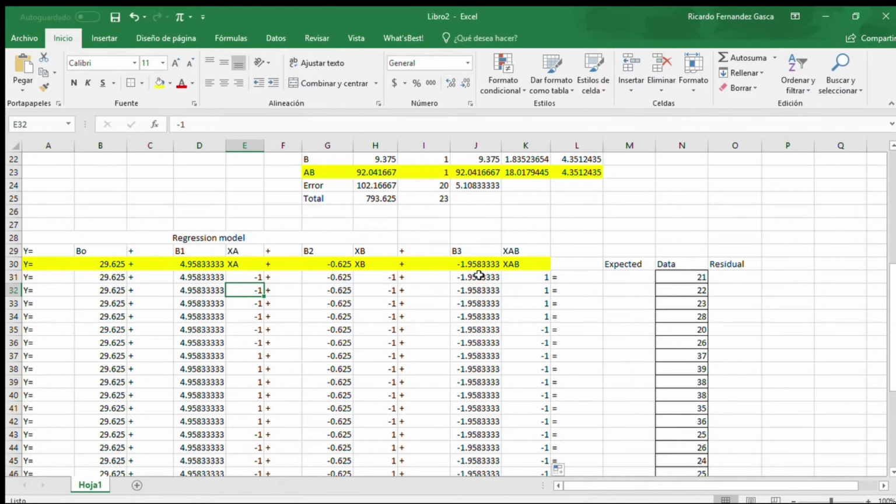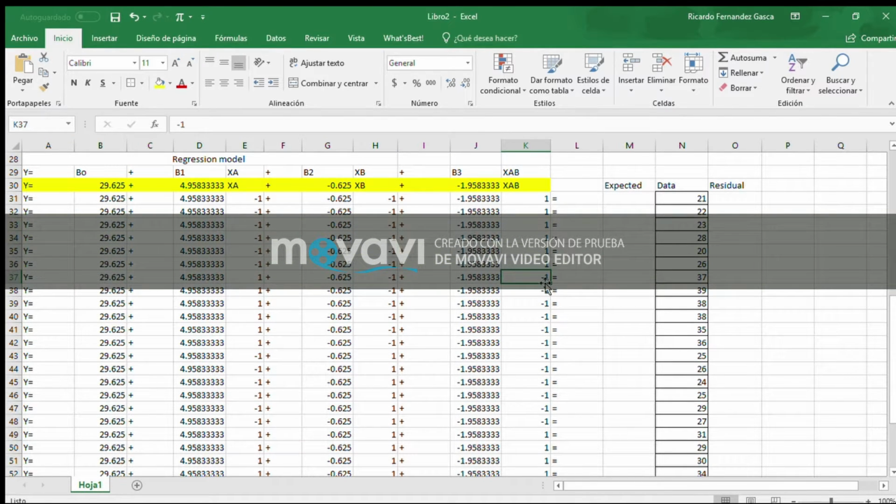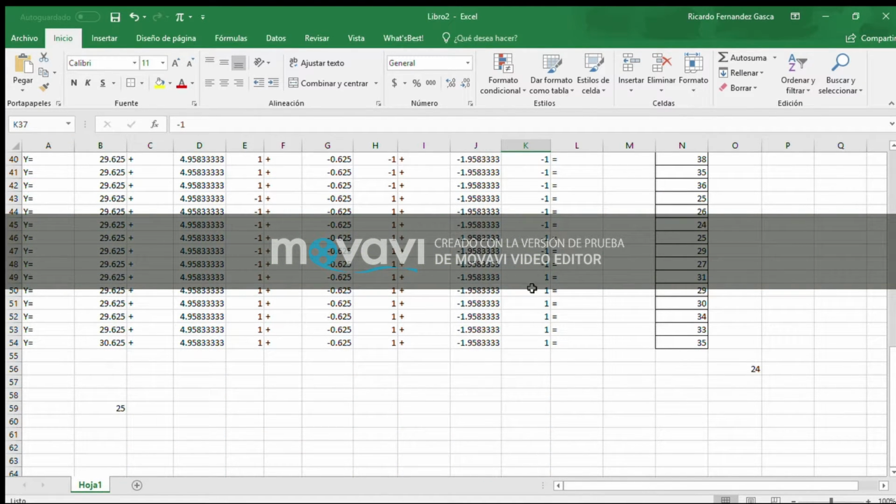And with the interaction, if we have minus minus, we have plus, and if we have plus minus, we get minus, and if we have plus plus, we get plus.